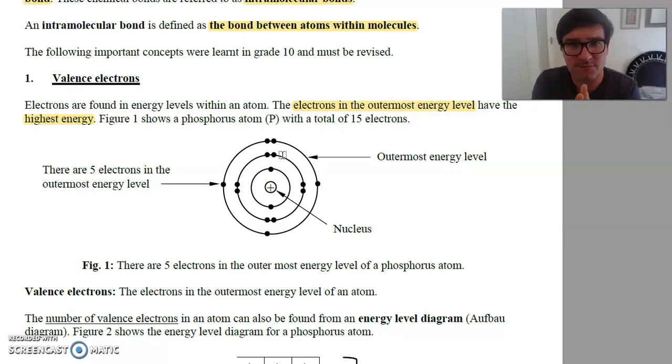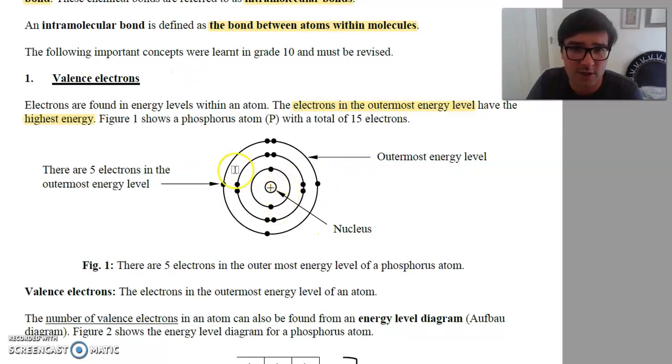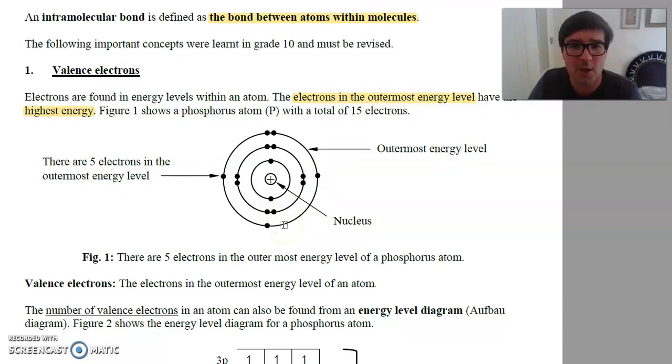It has 5 valence electrons if it's in group 15, and it will obtain a charge of 3 minus if it becomes an ion. Why 3 minus? Because it needs 3 electrons in that final energy level, and it's easier energetically to gain those 3 electrons than losing 5.